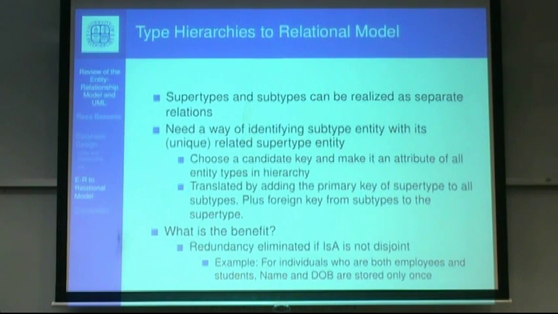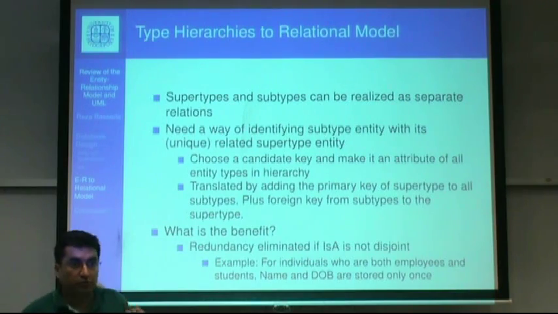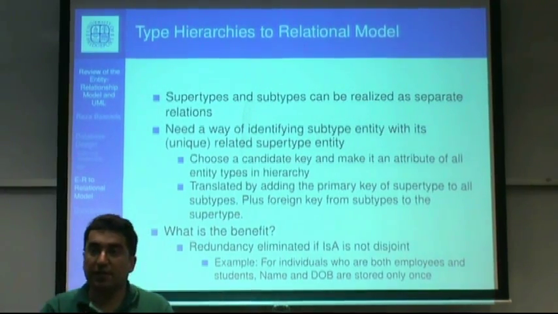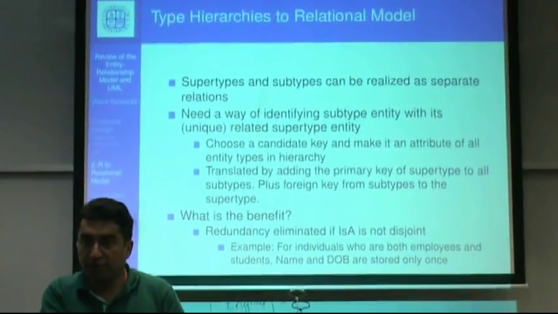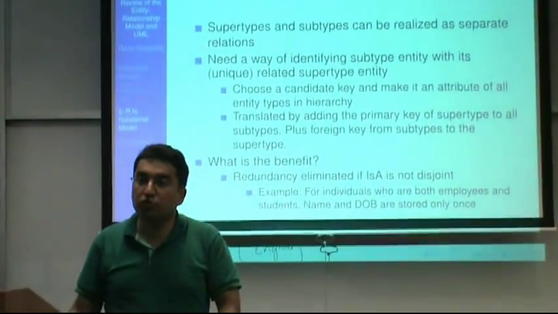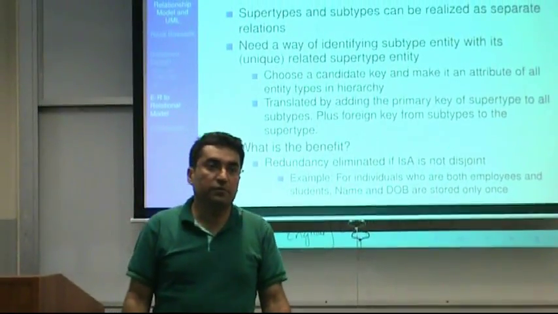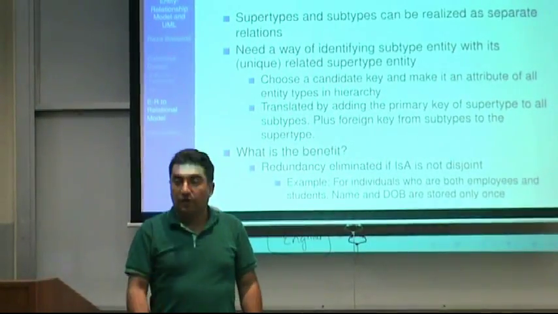So, how do we identify a subtype from the supertype entity? As mentioned, the person has a personal ID in the university. That key goes through all of the subtypes.